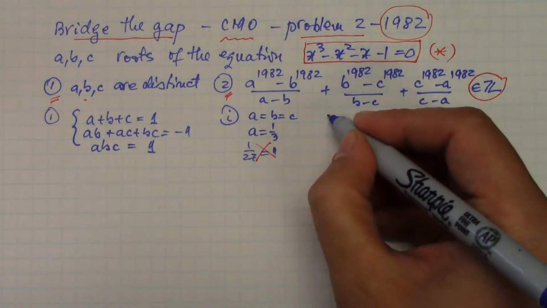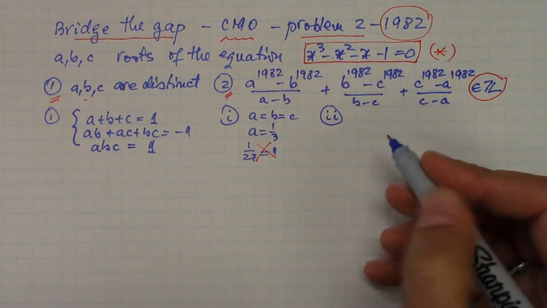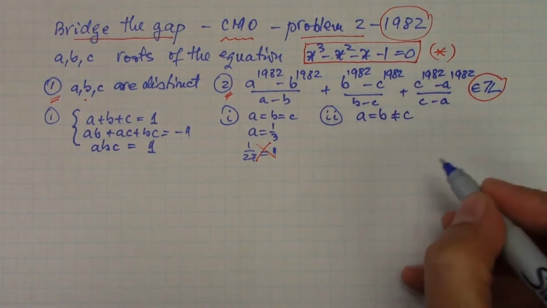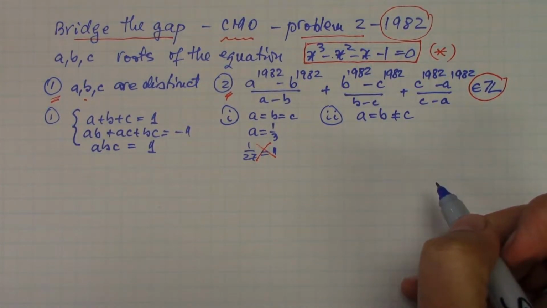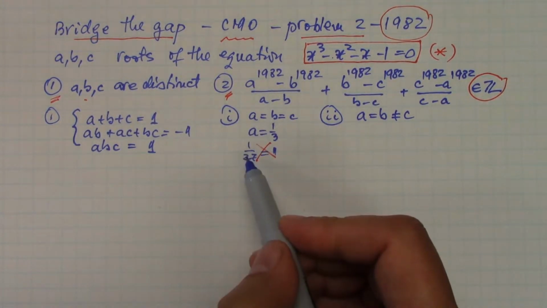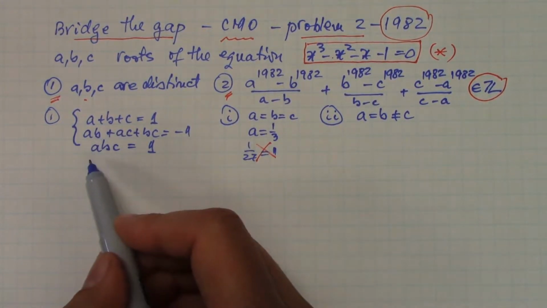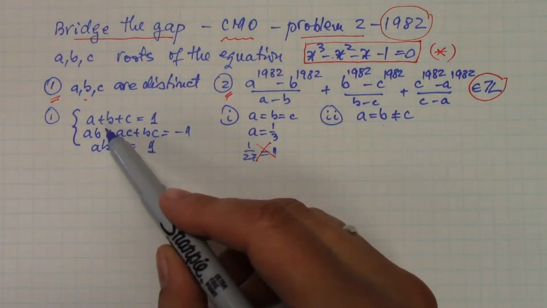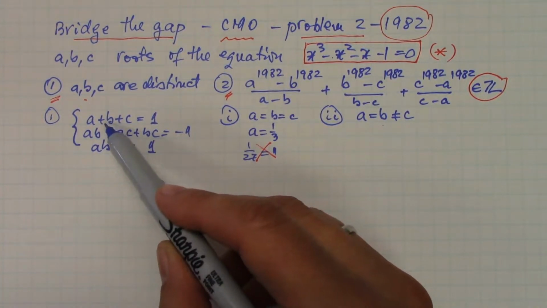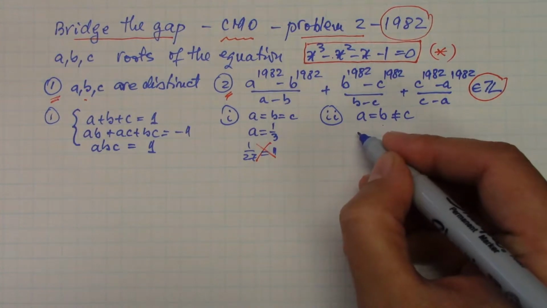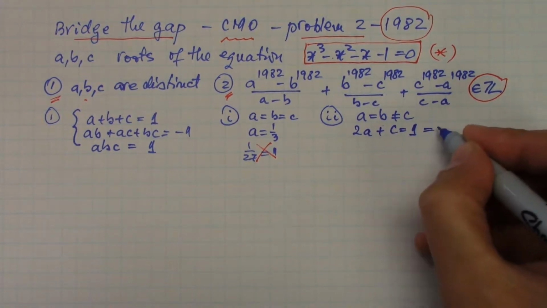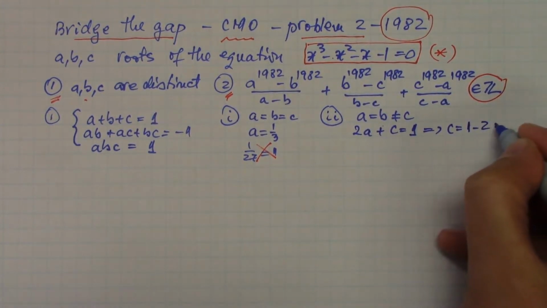What else can happen in here? The second situation is maybe a is equal to b, and that value is different from c. Just like we did with the first scenario, let's see what Vieta's relationships become if a is equal to b. By replacing b by a in the first relationship, we get 2a plus c is equal to 1, which means that c is equal to 1 minus 2a.